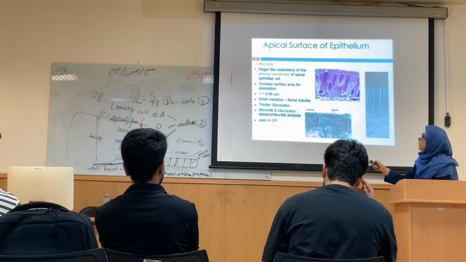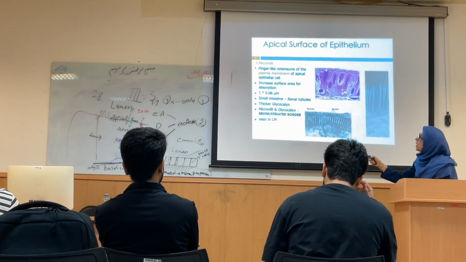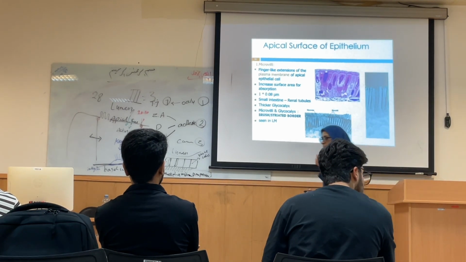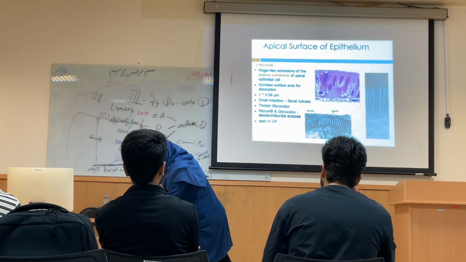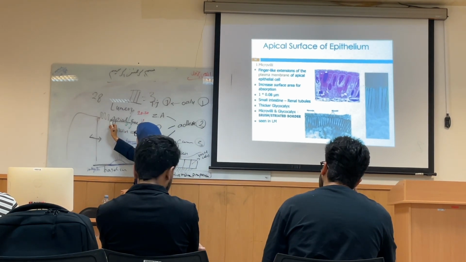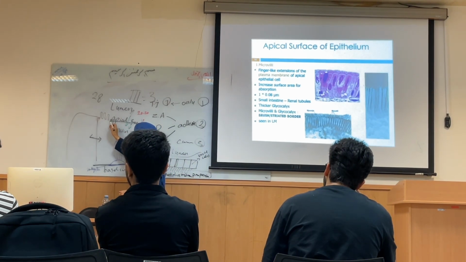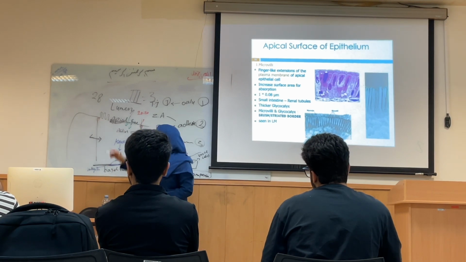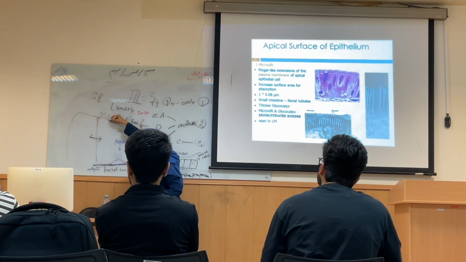Microvilli are finger-like extensions of the plasma membrane. It means they include the cell membrane. If you remember, under the cell membrane of the cells there is the actin filament. When this membrane projects, it brings the actin filaments with it.